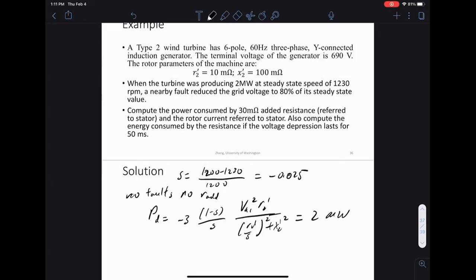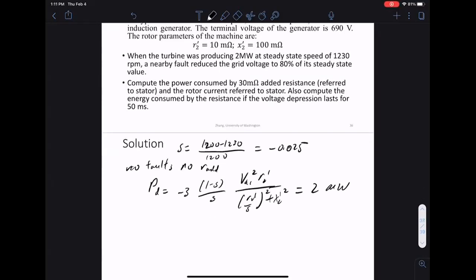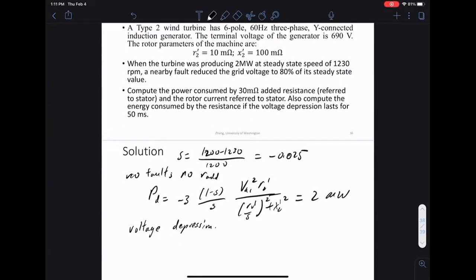Now let's say the fault happened, and I see how much power we're now delivering. When the fault happens, we have a voltage depression. My 690 volts goes to 80%, 0.8 times 690.